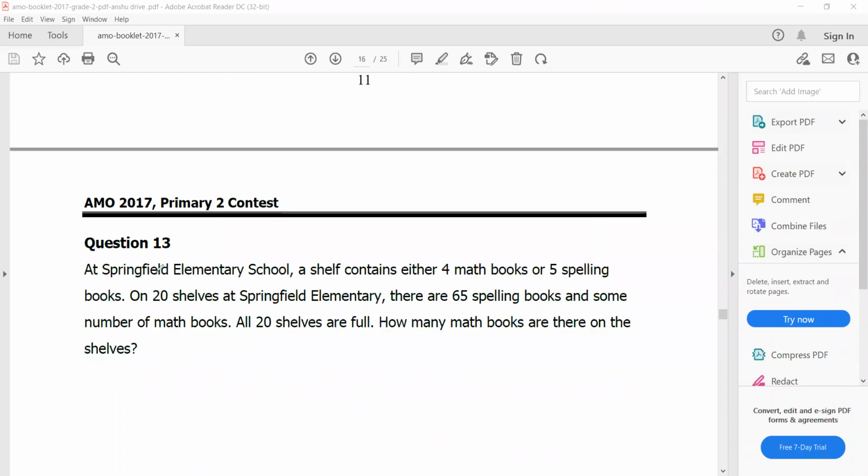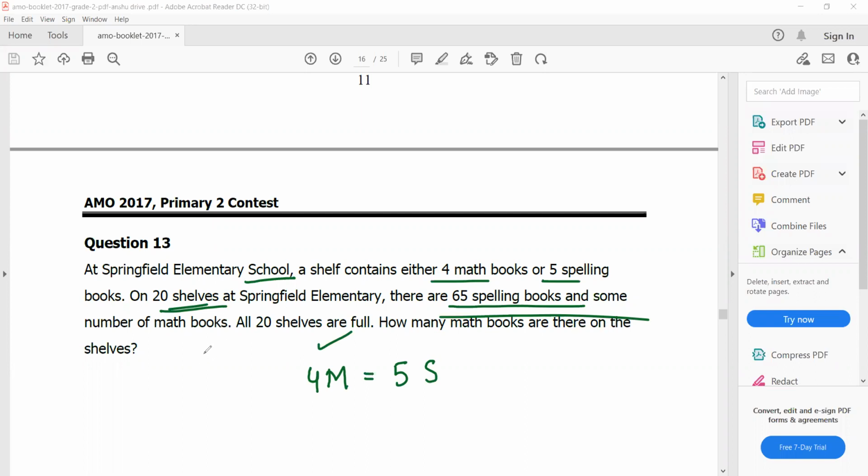Next. At Springfield Elementary School, a shelf contains either 4 math books or 5 spelling books. So always it will be in multiples of 4 for math books and 5 for spelling books. Now there are 20 shelves, and 65 spelling books and some number of math books.